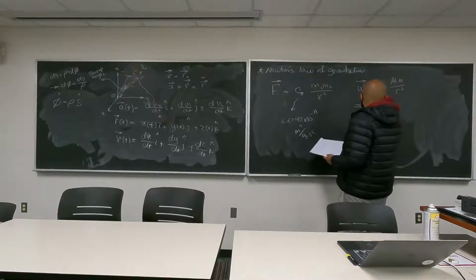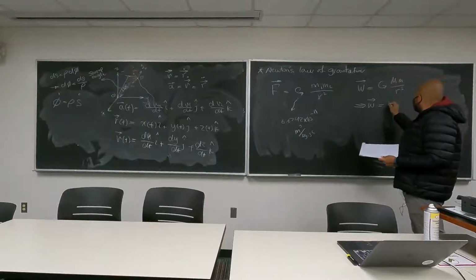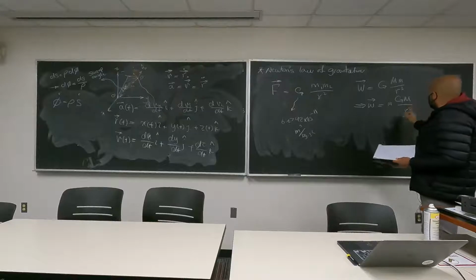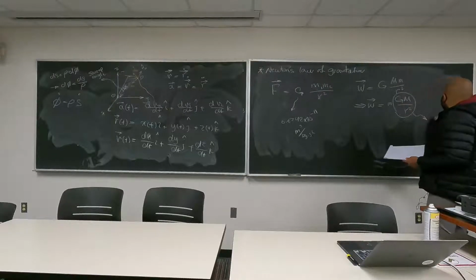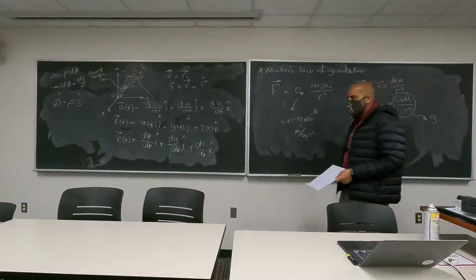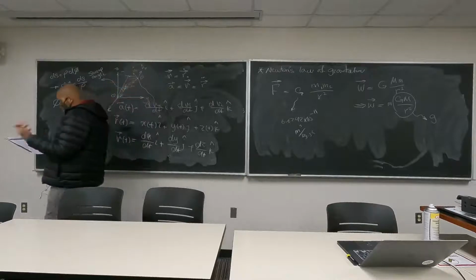Let's rearrange this. Your W is equal to m times GM divided by r squared. And this is what we call g, or the gravitational acceleration on Earth. So G multiplied by the mass of the Earth divided by r squared.